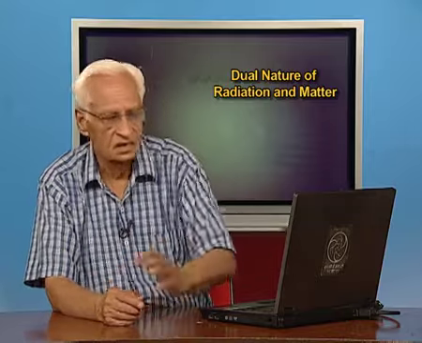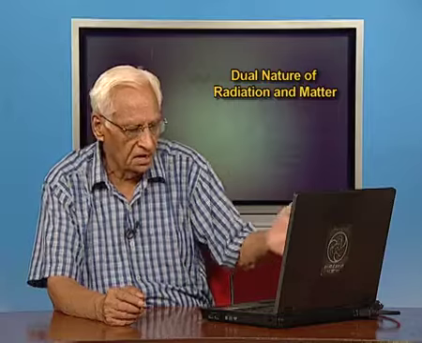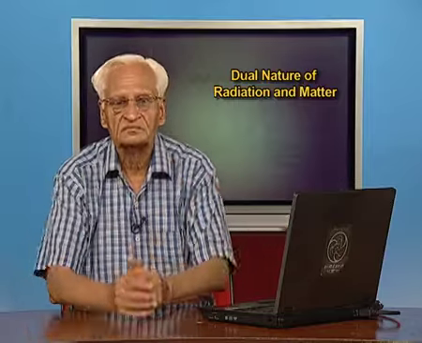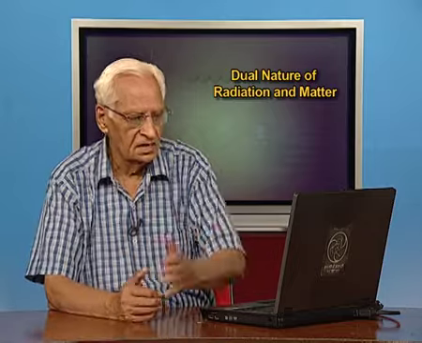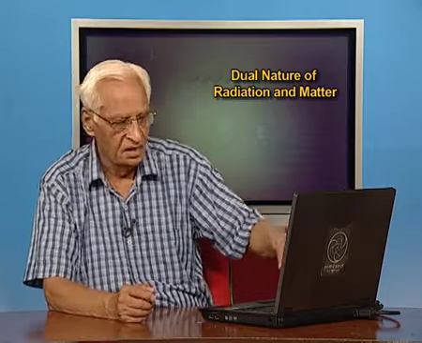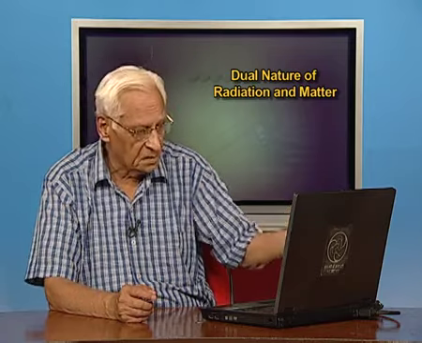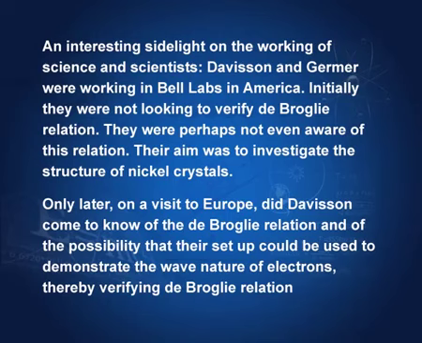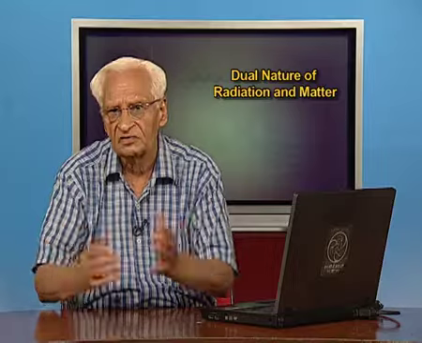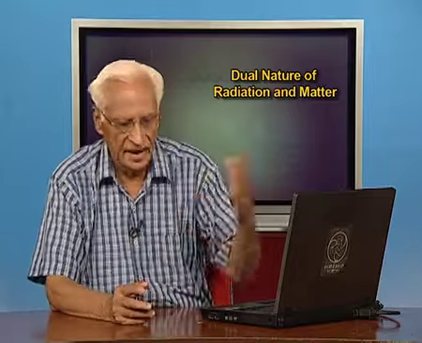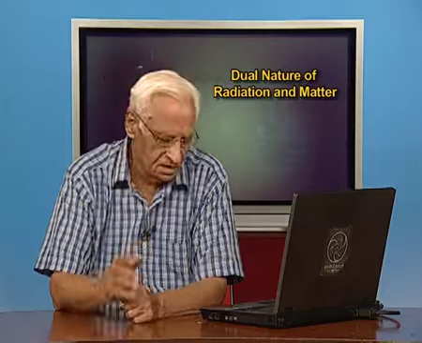I think he went to Oxford, and there was a working group discussing the de Broglie relations, and there he came to know that such a relation exists, and that the experimental setup they had for determining the structure of nickel crystals can be adapted to verify this relation. When he came back to America, Davisson and Germer modified their apparatus, whatever needed to be done, and then verified the de Broglie relationship.